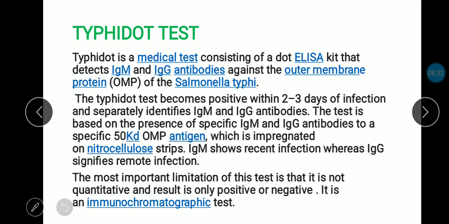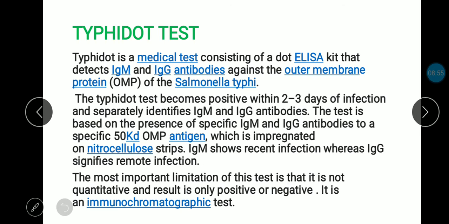The test is based on the presence of specific IgM and IgG antibodies to a specific 50 kD OMP antigen, which is impregnated on nitrocellulose strips. IgM shows recent infection, whereas IgG signifies remote infection.